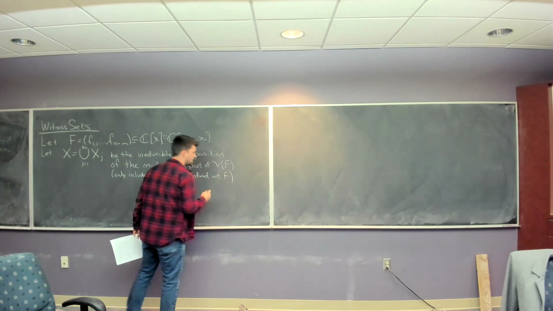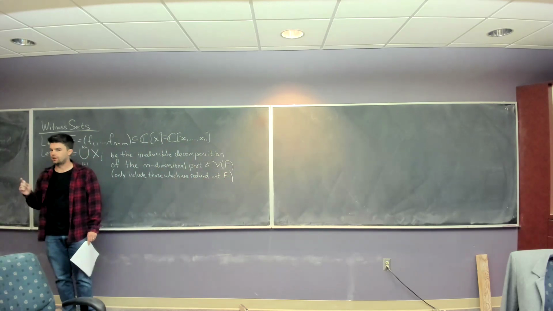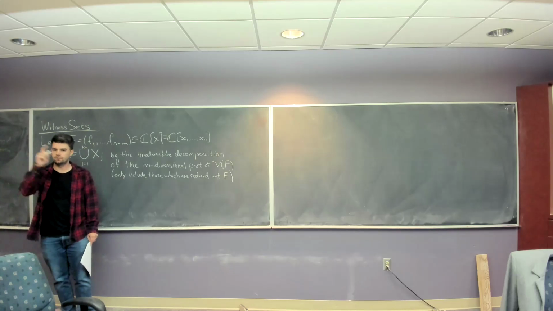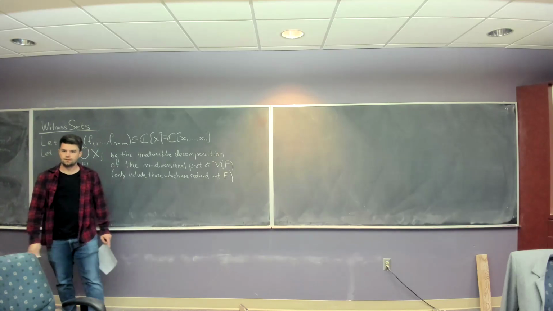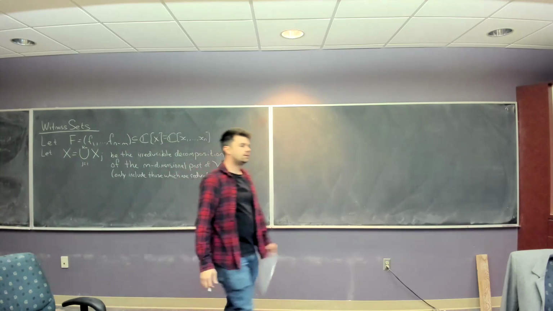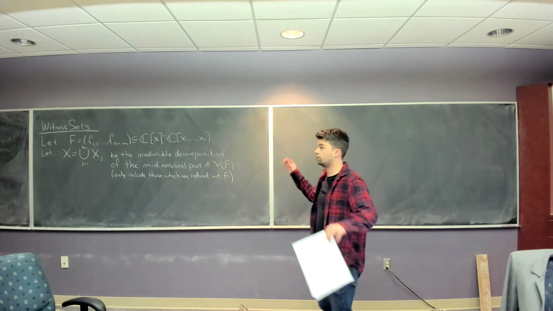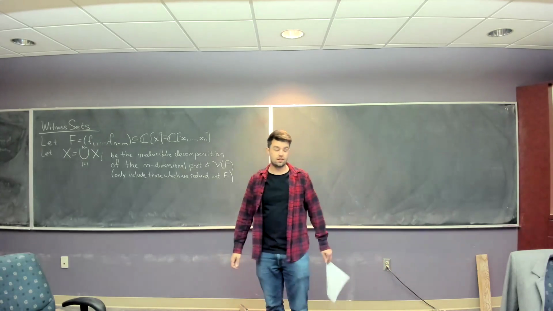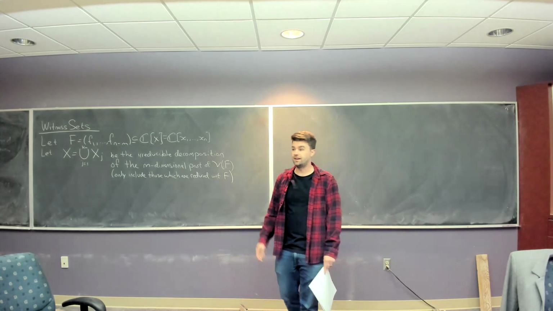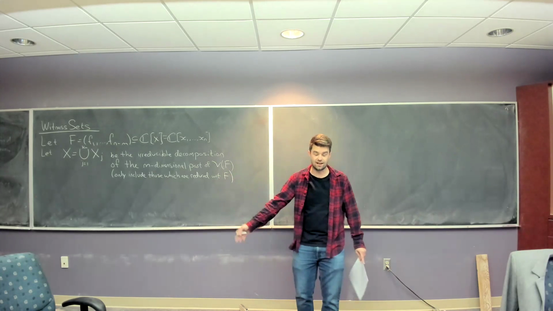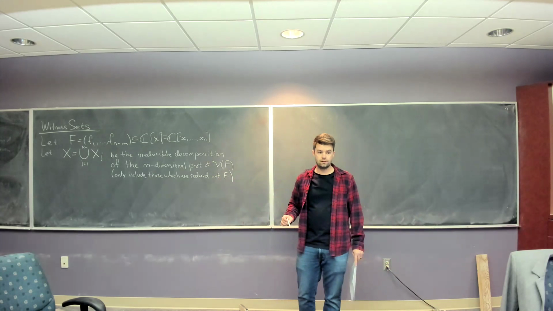And reduced is not a property of varieties, it's a property of varieties with respect to equations. Right? Y minus x squared cuts out a reduced parabola. Y minus x squared all squared also cuts out the same variety, the parabola, but now it is not reduced with respect to that equation. Okay?